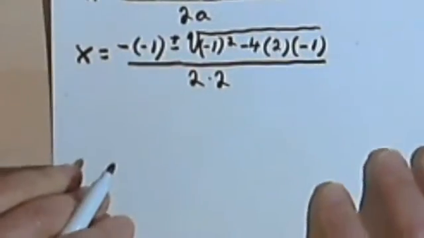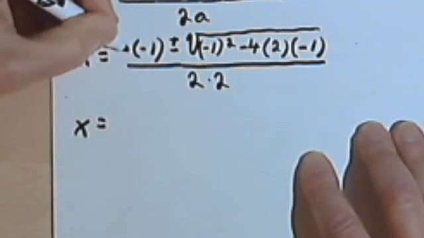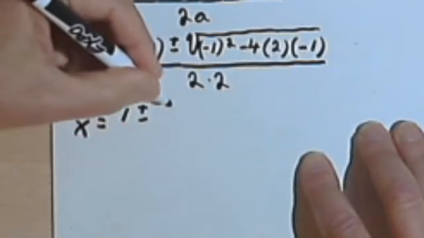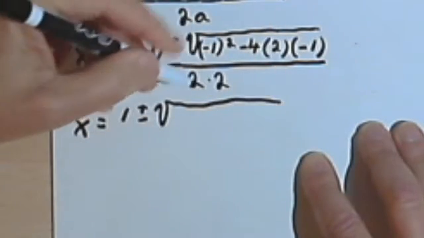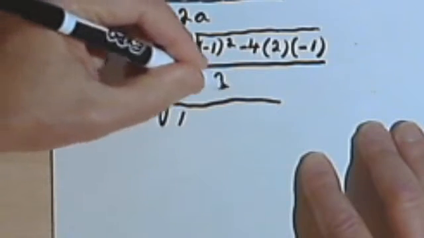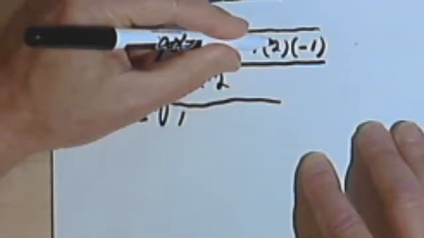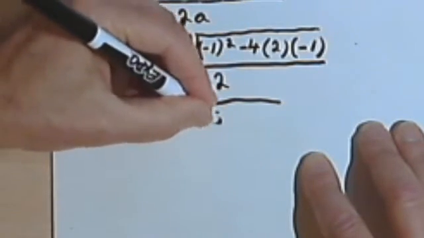Okay, so doing the math for this, I'm going to get x equals negative 1 is a positive 1, plus or minus negative 1 squared is 1, minus 4 times 2. Negative 4 times 2 is negative 8, and then negative 8 times negative 1 is positive 8.